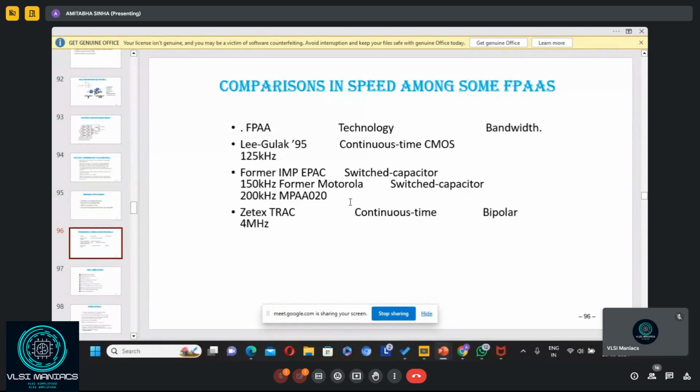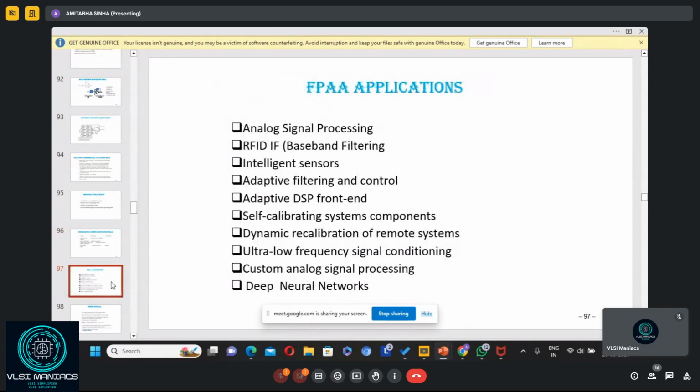So these are some of the FPAA comparisons. Zetex Trac, this is 4 megahertz, and this is based on bipolar technology.